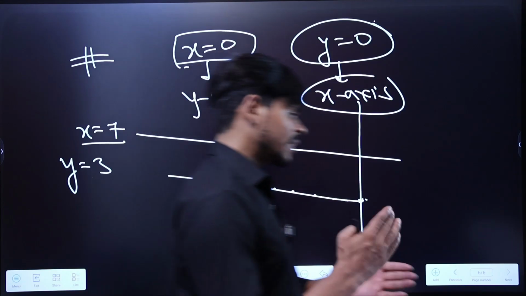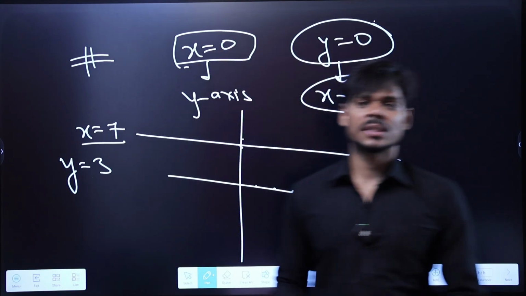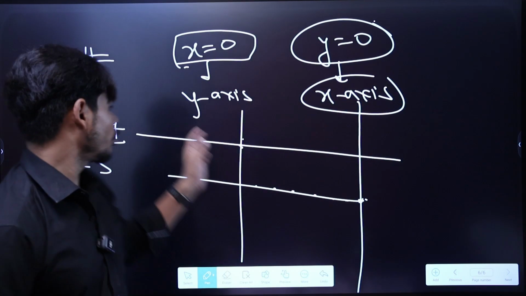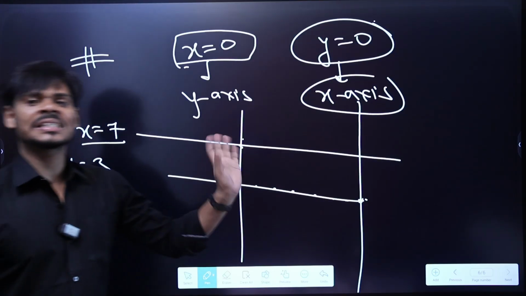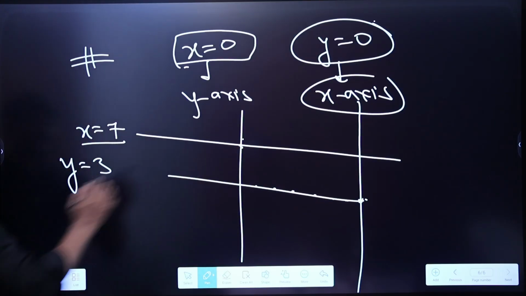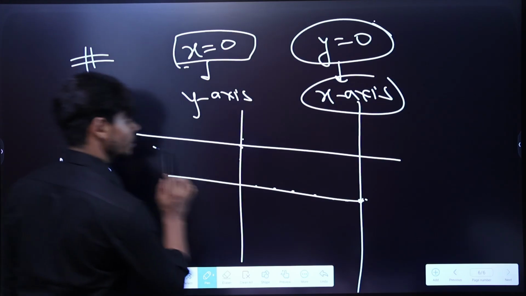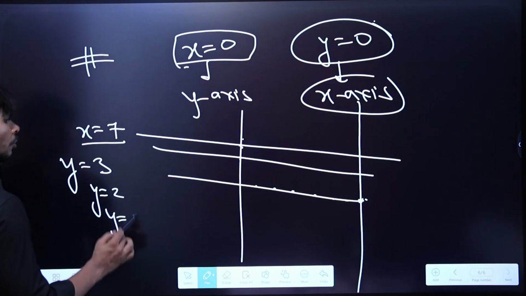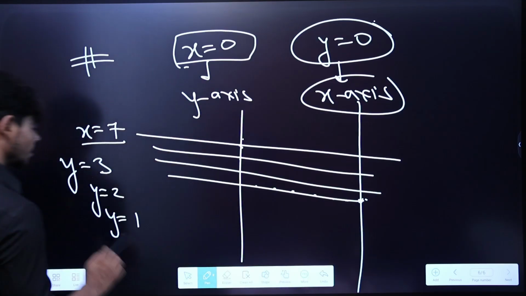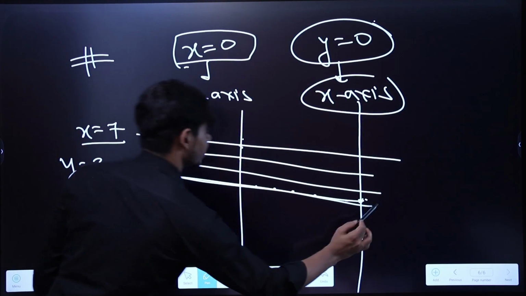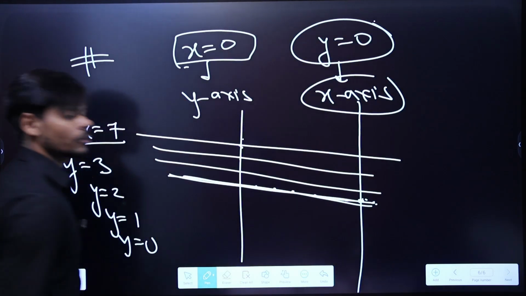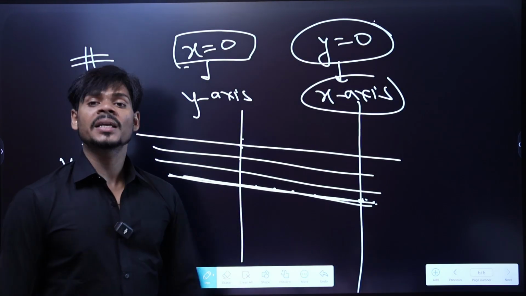These are straight lines, linear equations from where we plot the graphs, basically draw the straight line graphs, right? Next, y is equal to 2 is this one, parallel to the x-axis. y is equal to 1, parallel to the x-axis. y is equal to 0, parallel to the x-axis, exactly passing through the origin, and it is nothing but the x-axis.